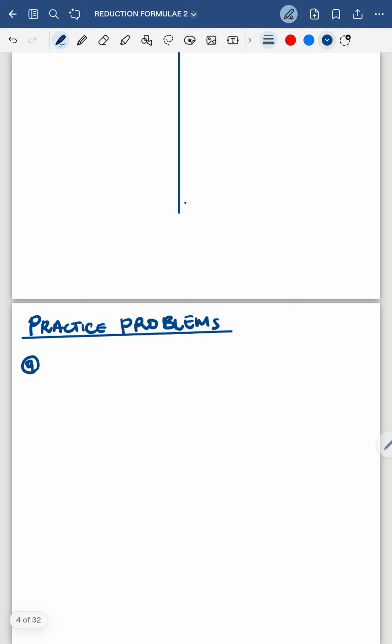So now, okay, the question will say number 1. The question will say, simplify the following as far as possible.